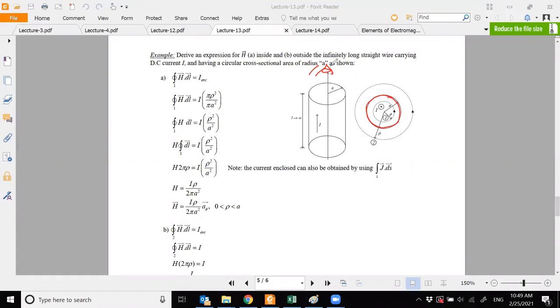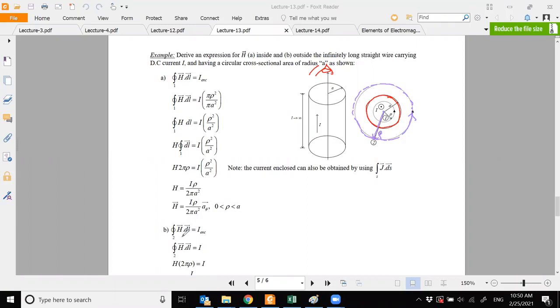Now I need to find the magnetic field which can exist inside or outside. Let me first see what happens if we are outside. I'm putting an Amperean loop, which has a radius of rho, and applying Ampere's law.